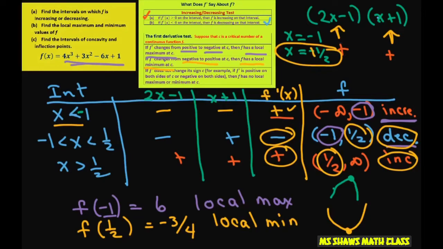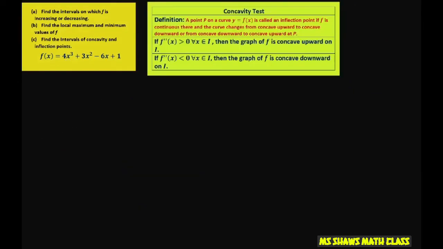All right, the next thing we're going to do is talk about the concavity test. So basically, we have a continuous function, and if our second derivative is positive on the interval, then that means it's concave upward. If the second derivative is negative on the interval, then the graph is concave downward.